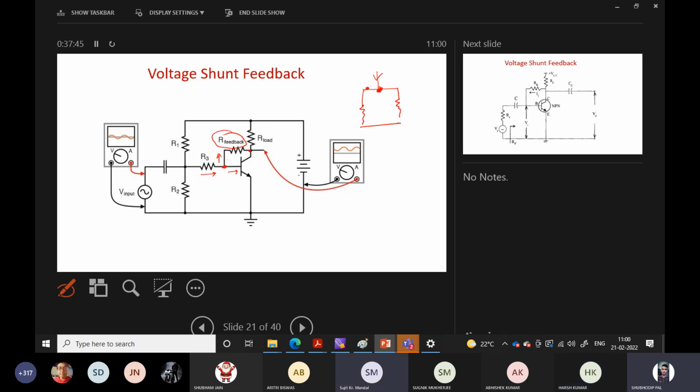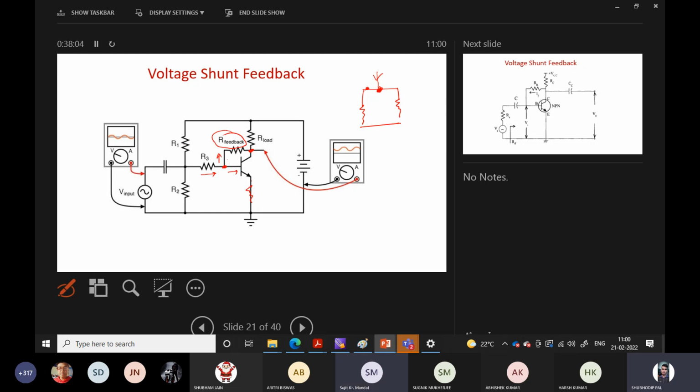This is the part where we take the load resistance across this, and from where we take the output voltage and input voltage. Again, look at this, the total voltage is appearing across this.